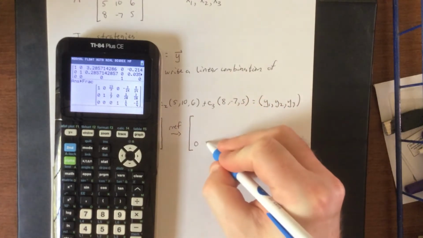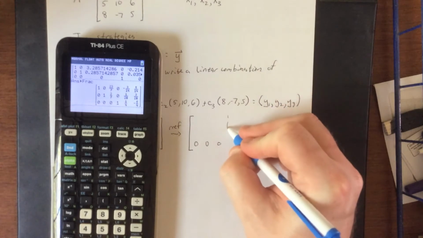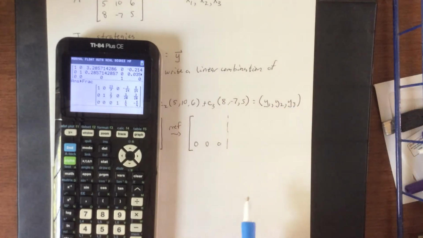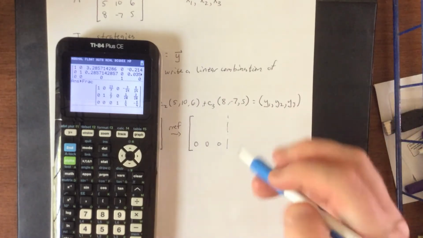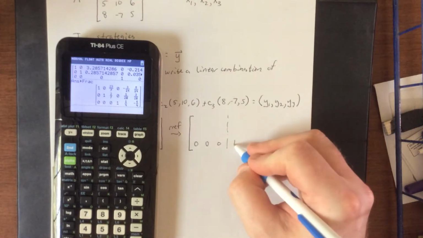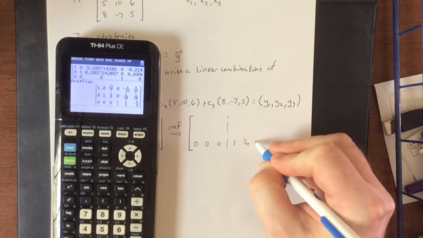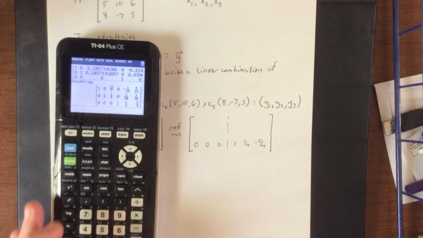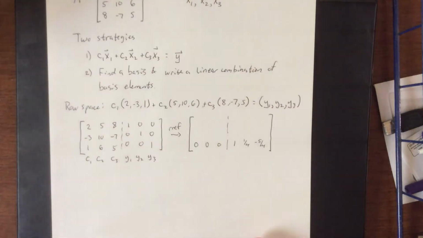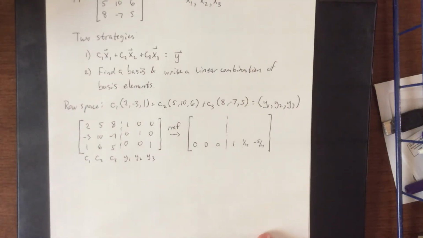That is because to the left of the augment we see nothing but zeros, implying that we're going to have an equation of the form linear combination of y1, y2, and y3 is equal to zero. So that's 1, 1/4, negative 5/4 from that last row. And again, the rest we don't really need because we got the constraints that we need.